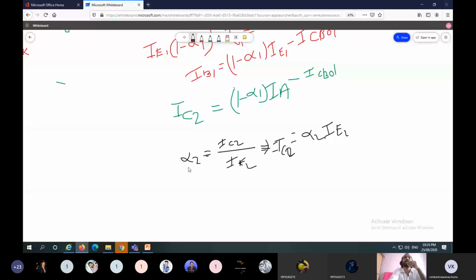This one is the formula for IC2 without leakage current. If you consider leakage current, it will be equal to alpha 2 IE2 plus ICB02. Substitute this value in this equation. Substitute IC2 value equal to alpha 2 IE2 plus ICB02.